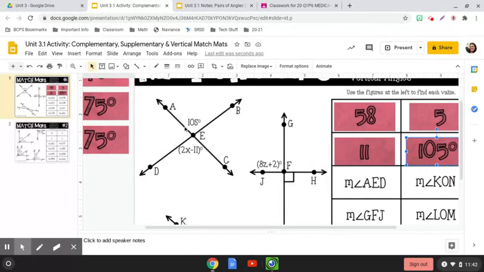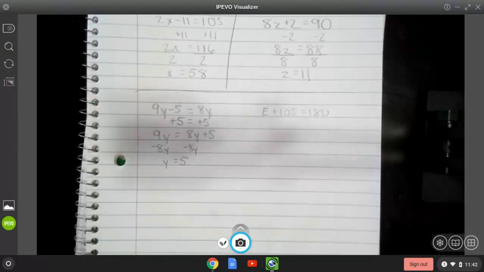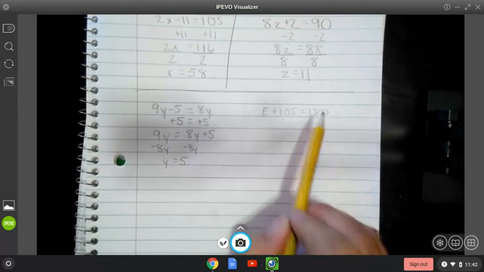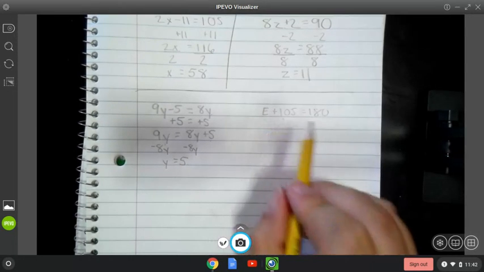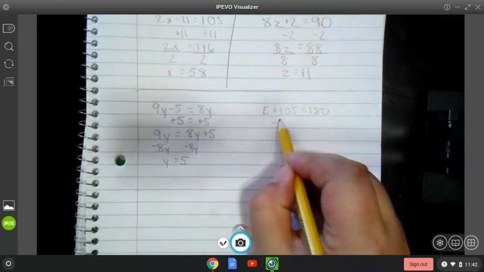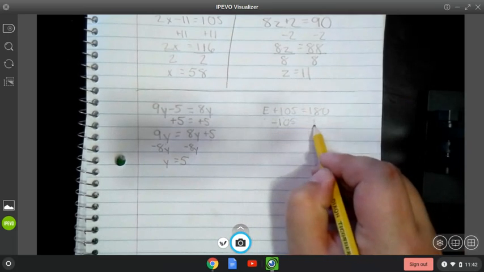So our part plus part equals whole. We'll call the measure of angle AED just E. So E plus 105 equals 180. To get our E by itself, we're going to subtract 105 from both sides.